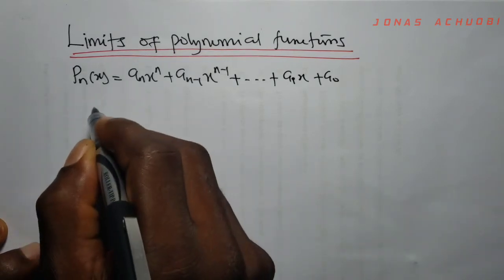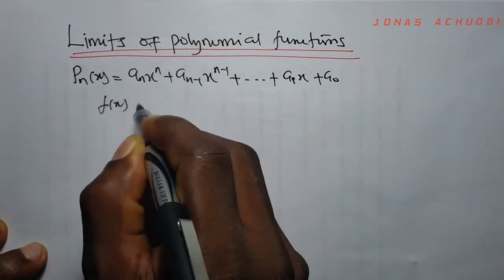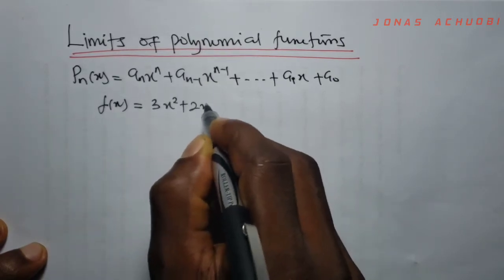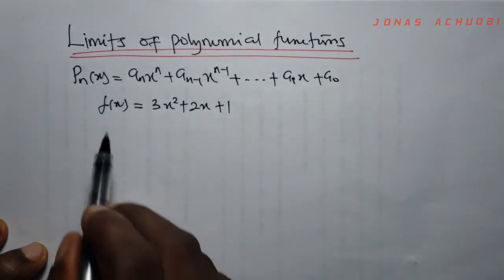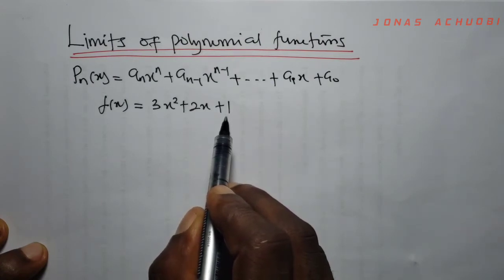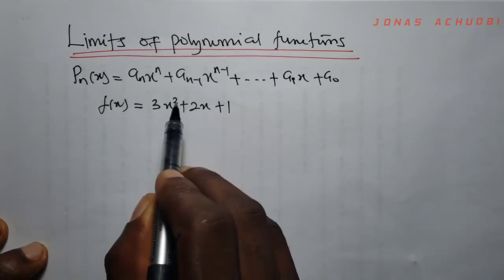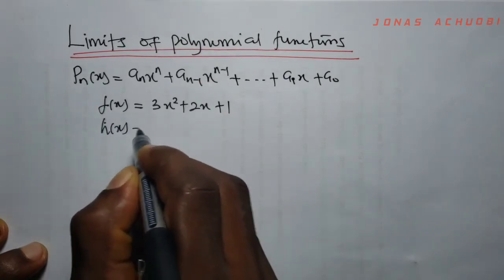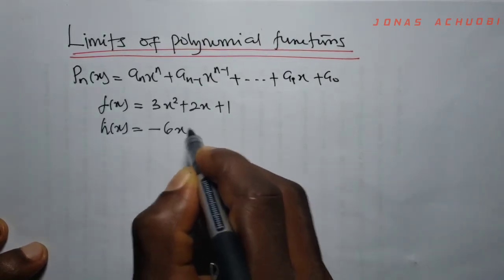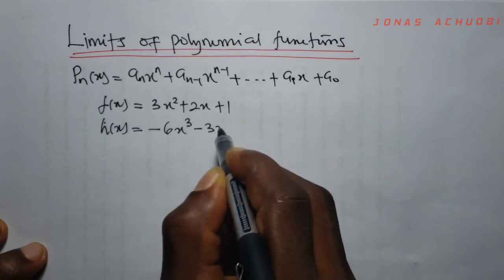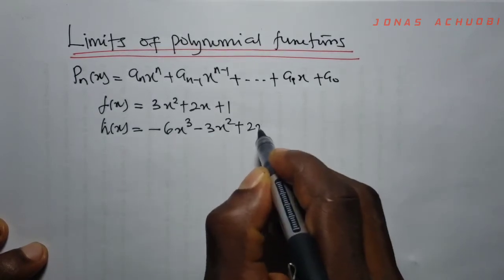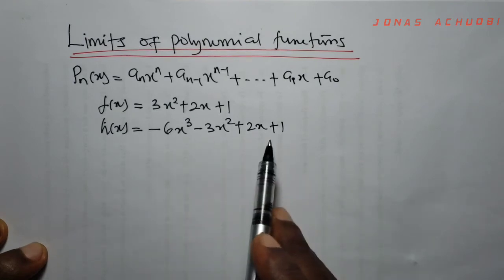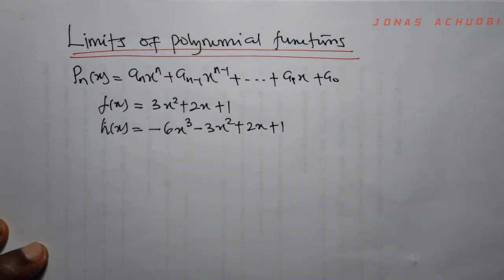For instance, if we have a function f(x) = 3x squared + 2x + 1, this will be a polynomial function of degree 2. If we have another function, say h(x) = -6x cubed - 3x squared + 2x + 1, this again would be a polynomial function of degree 3.